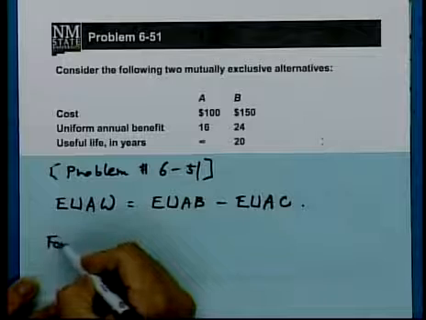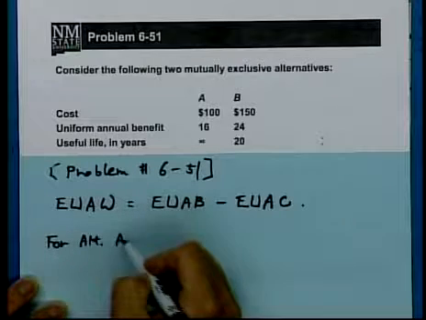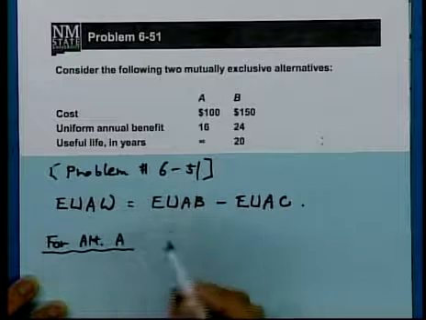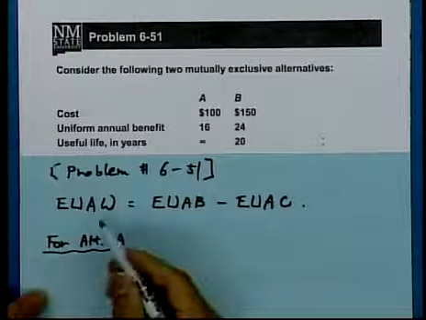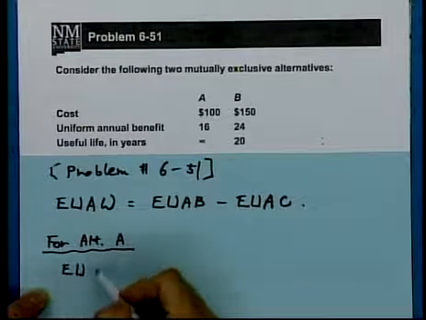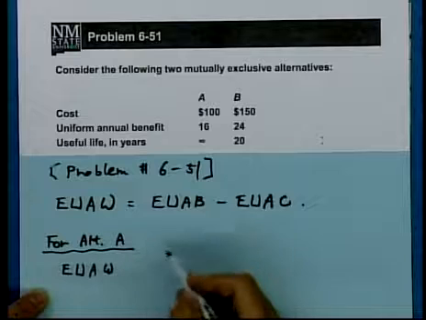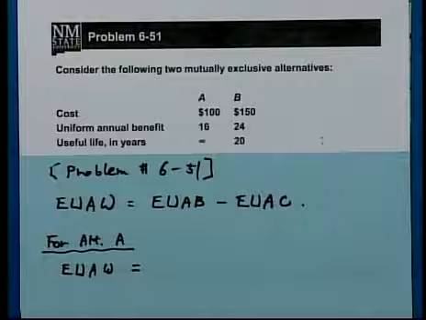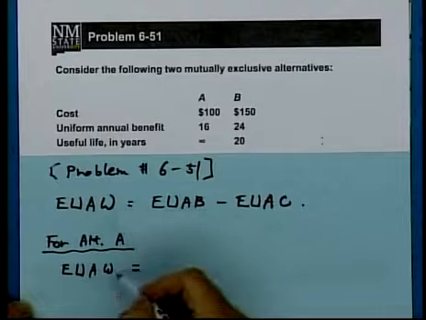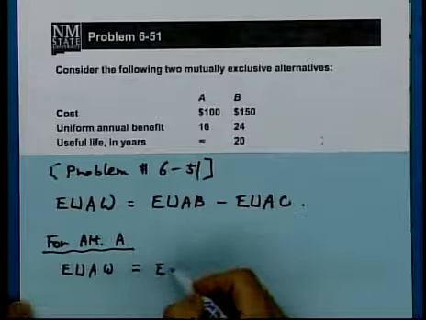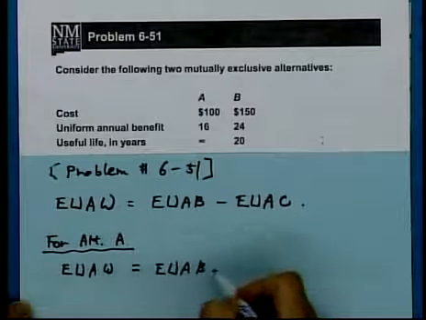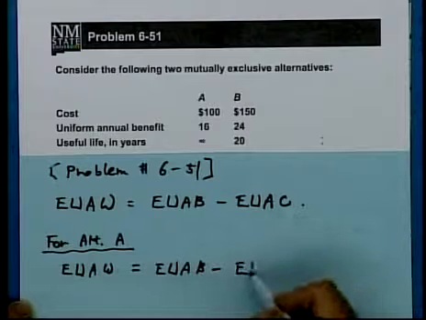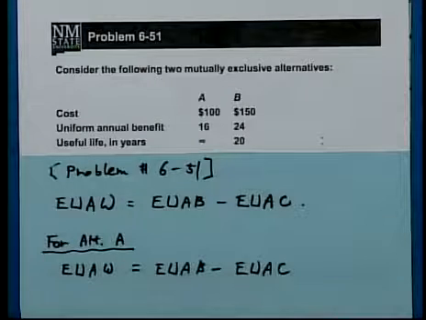So for alternative A, equivalent uniform annual worth would be equivalent uniform annual benefit minus equivalent uniform annual cost.